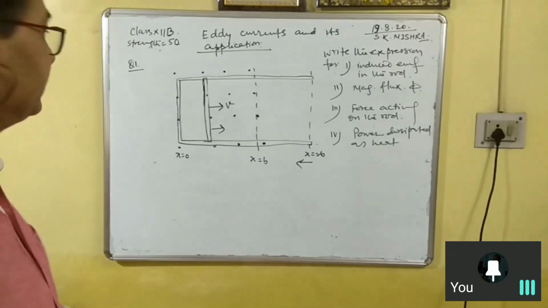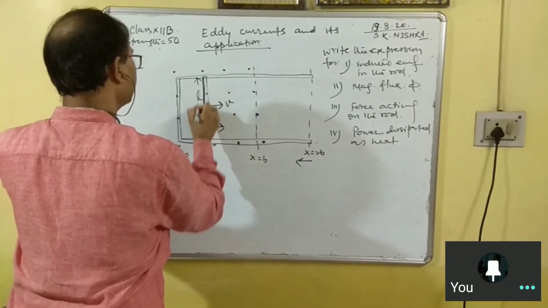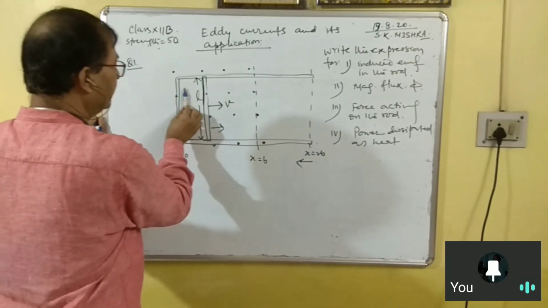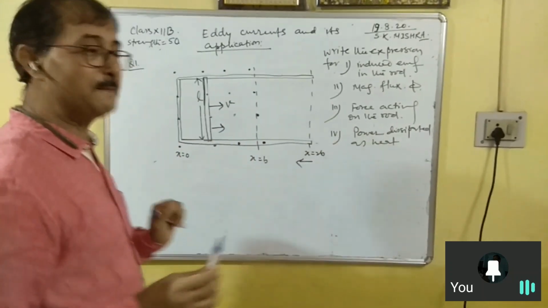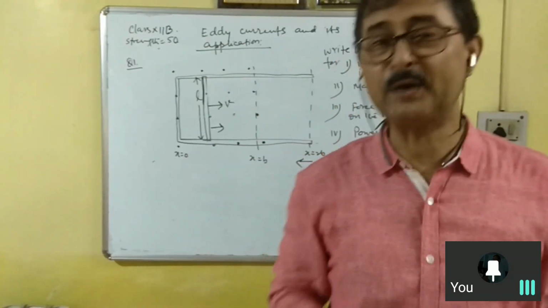Induced EMF in the rod. So the rod has length L. Now, you know the induced EMF in the rod is BLV, when the magnetic field, length and velocity, all three are perpendicular to each other.